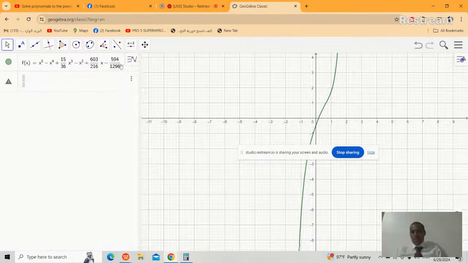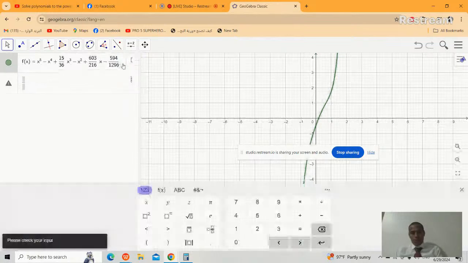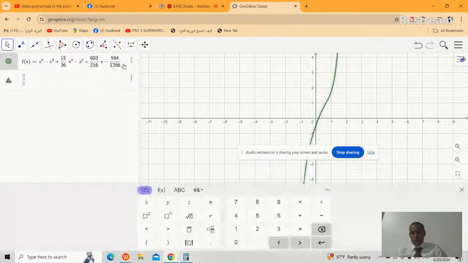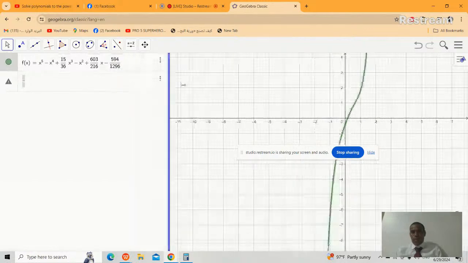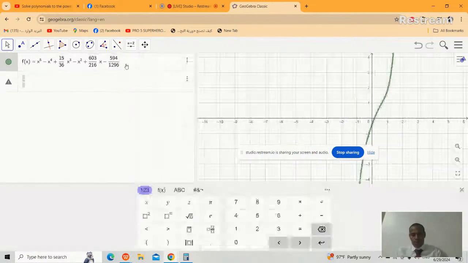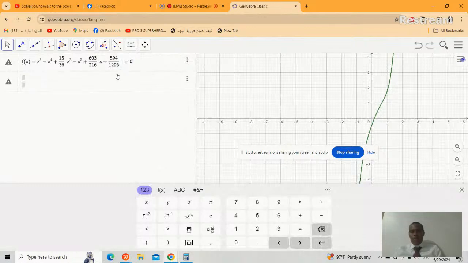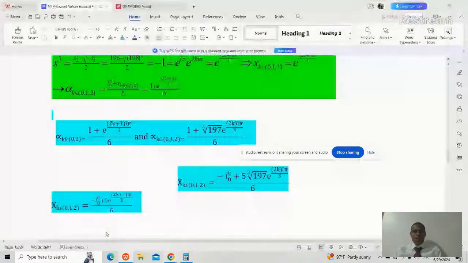So this one we told equal to what? Equal zero. This is an equation. And here you can see this is the polynomial that we solved.